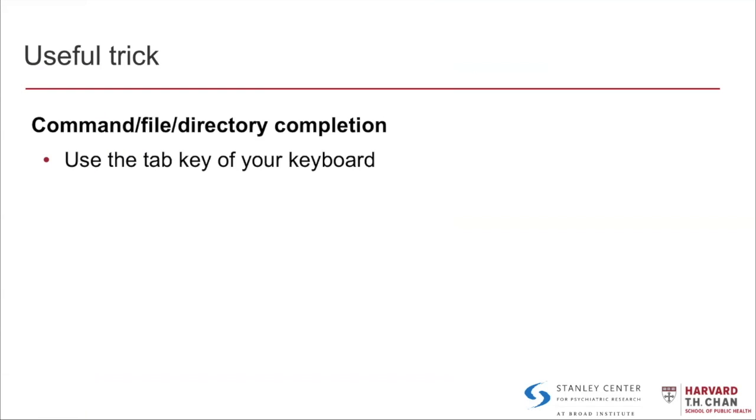Okay, so now I want to show you a very useful trick, which is to use the tab key of your keyboard, which is on the left of your keyboard in the middle, to automatically complete some commands or file or directory names.